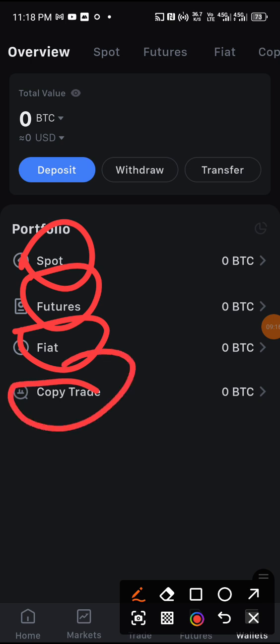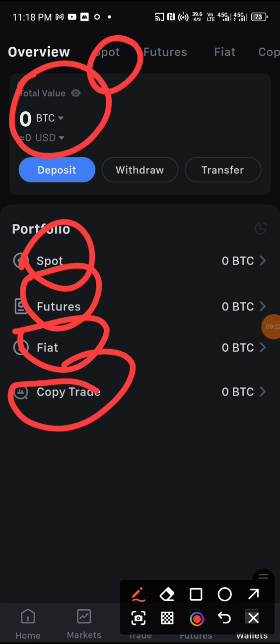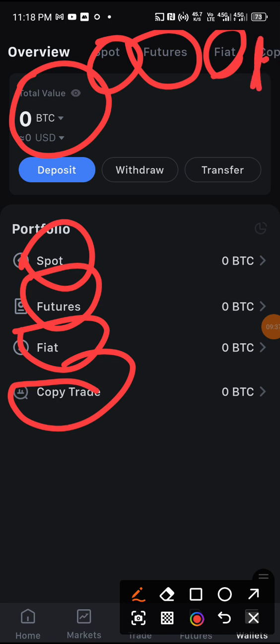Here in the total asset, this is where you find your total volume, your total balance. In here you find what is in spot only. In here you find what is in futures trading only. And in this place you find what is in fiat, which is your local currency. And in this place it shows only your copy trading.